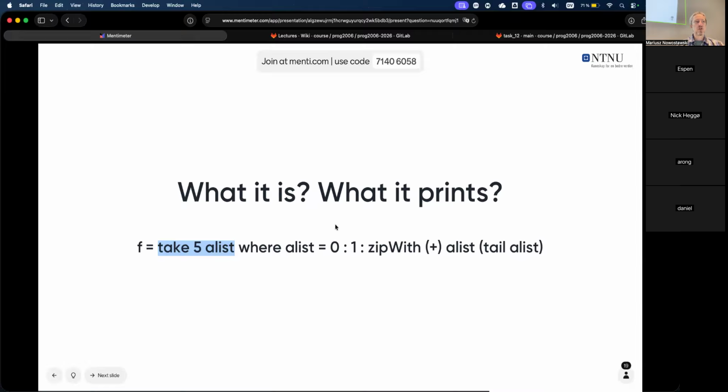the 0 is left out, and then the next is 1 and it is zipped with the tail. So we basically say, okay, it's 1 and we're combining it with plus. So it will be 2, right? So it's 0, 1, 2. And then the zip continues.